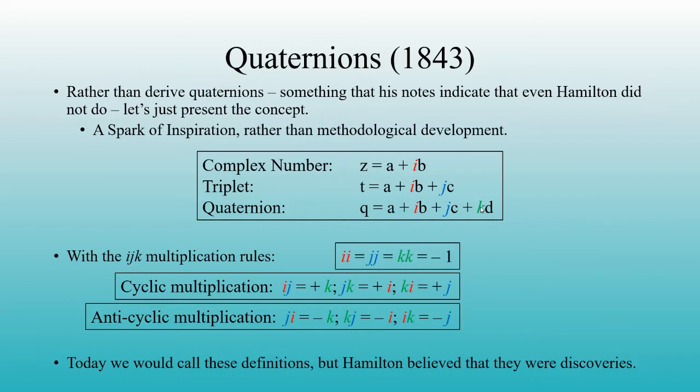I will use a color code for the letters i, j, and k as red, blue, and green going forward for clarity. As was the case with triplets, Hamilton chose/discovered that i squared equals j squared equals k squared equals -1, but that i is not equal to j is not equal to k.